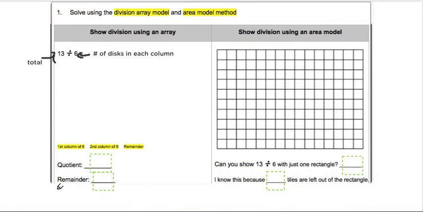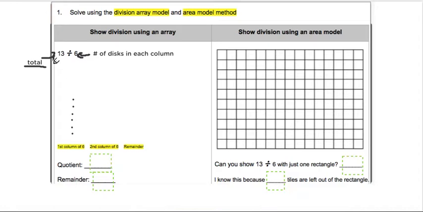So that means we're going to be making columns of 6 until we get to our total of 13. Let's make our first column of 6. Count with me. 1, 2, 3, 4, 5, 6.